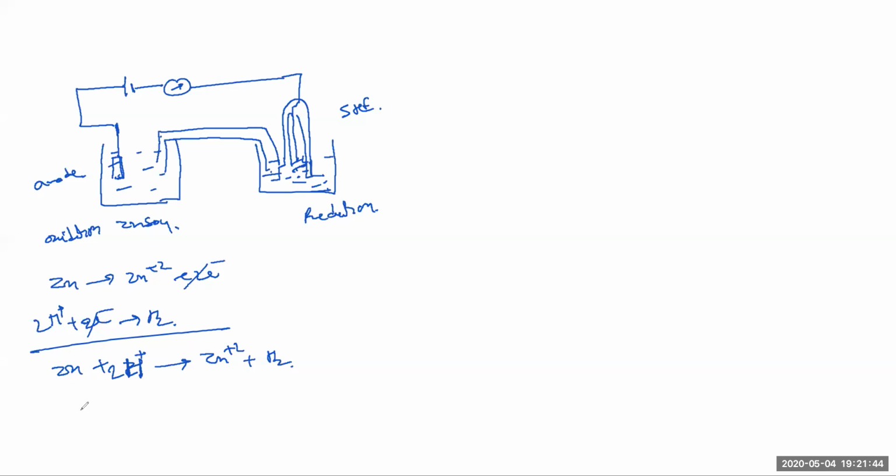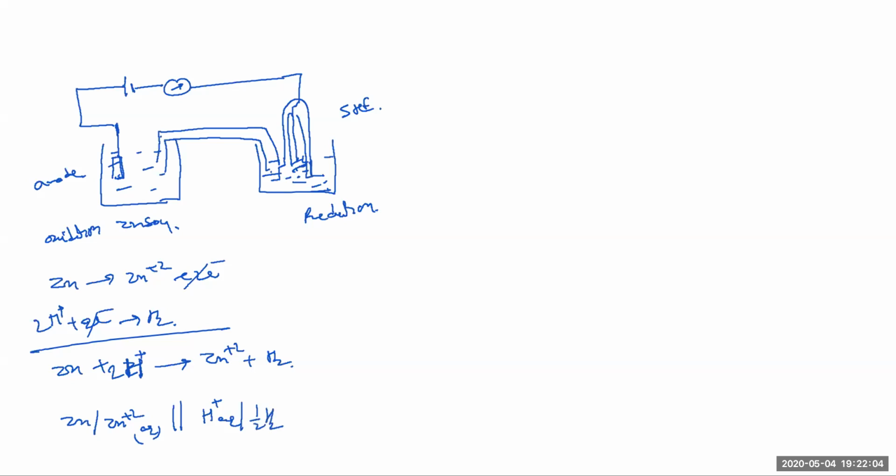So what is the representation of the cell notation? Zn | Zn2+ (aq) || H+ (aq) | 1/2 H2. This is the cell notation.